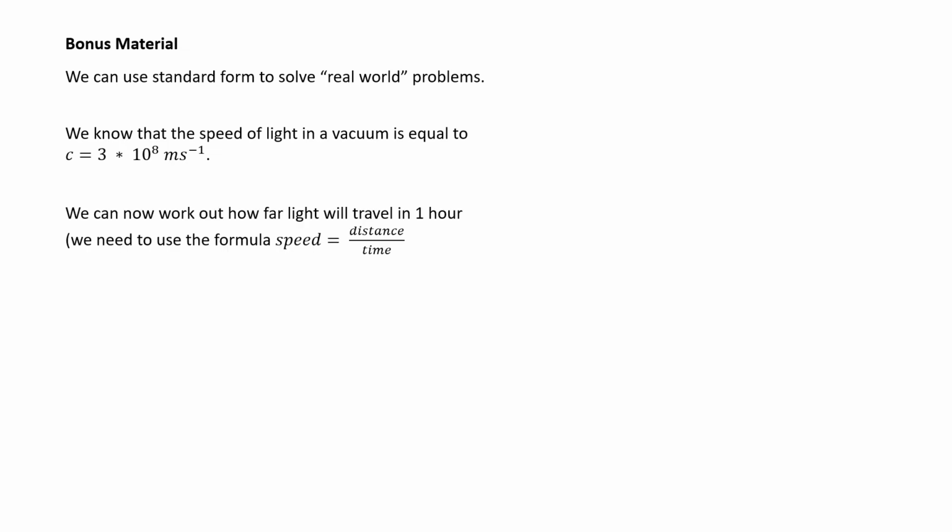Now, if I want to work out how far light will travel in 1 hour, we use that formula, speed equals distance over time. And that can be rearranged so the distance equals speed times time. Now the distance then obviously is 3 times 10 to the power of 8 meters per second times 1 hour.